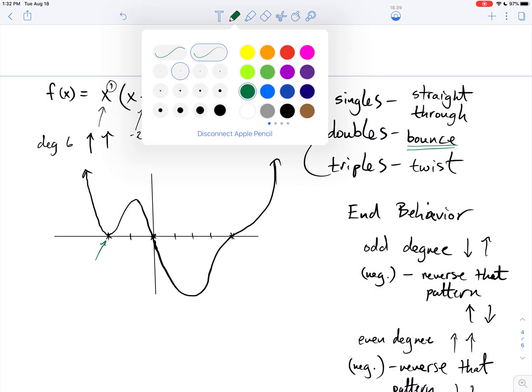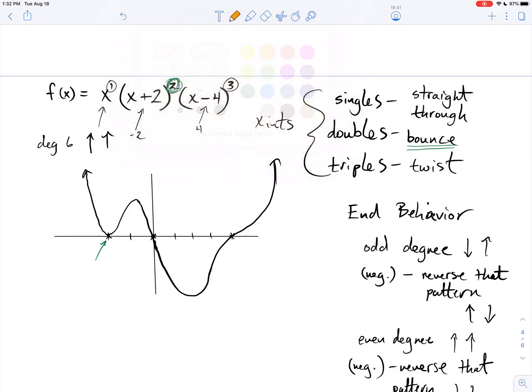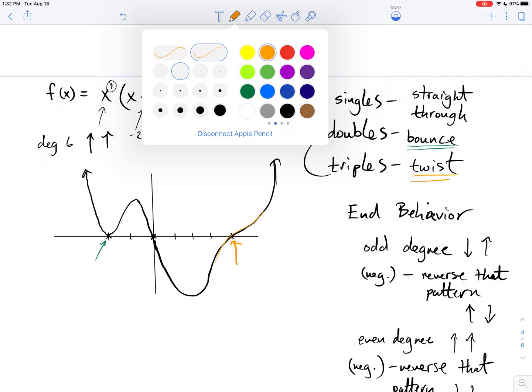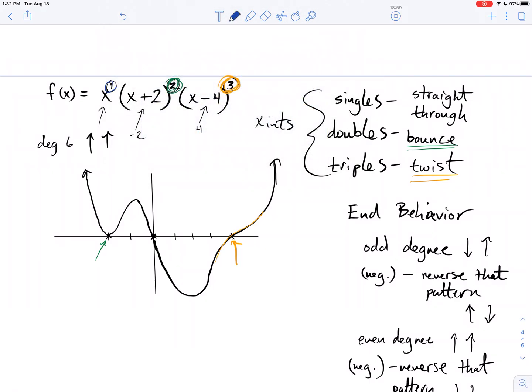When it's a third power, that's this one right here, it's going to twist through that location. It's got some curvature to it. And then, of course, my first power, I didn't say anything about this at the beginning, it just goes straight through. There's no fancy stuff there. Just cuts right through the middle on that one.